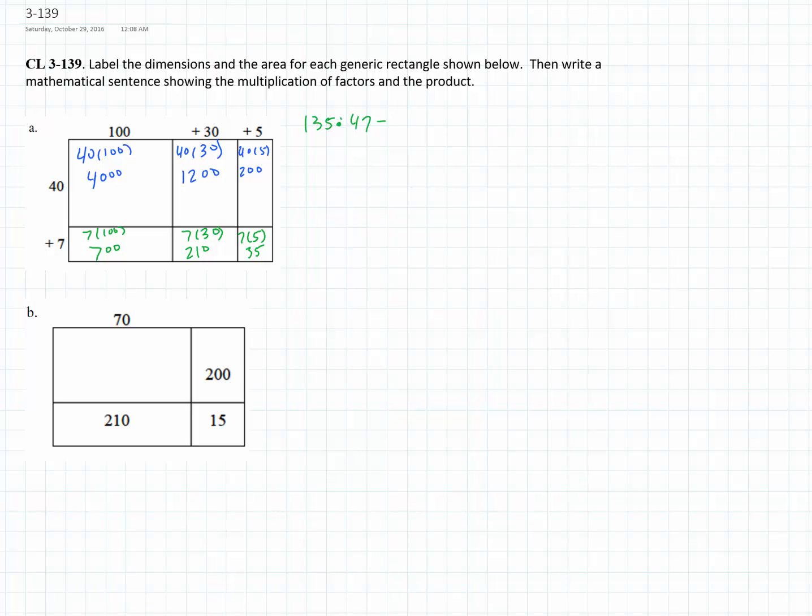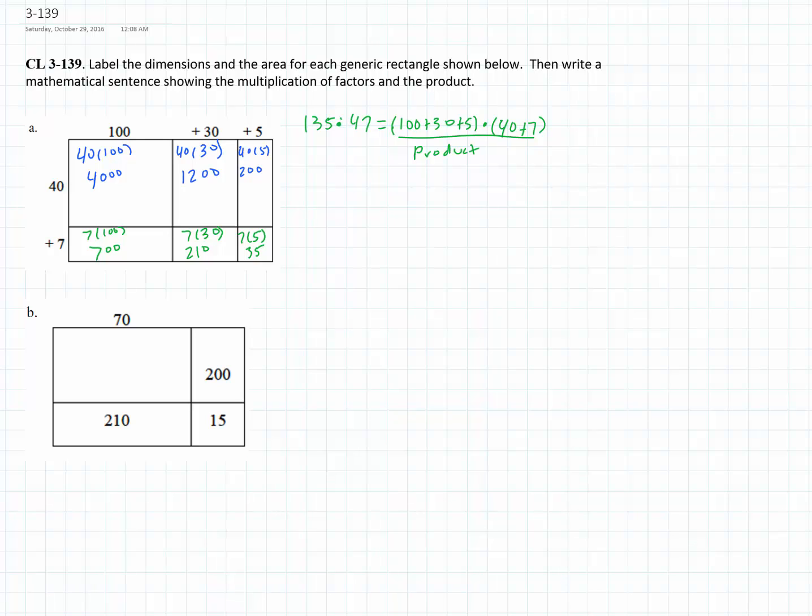As you can see here, we split up the numbers into the different place values. So we're going to have 100 plus 30 plus 5 times 40 plus 7. Okay, and this is the product.